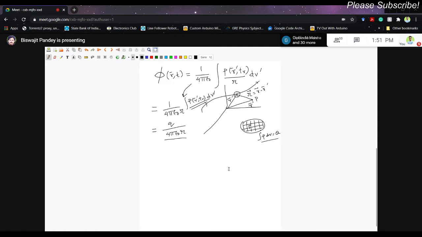That is true only if all the charge densities coming from different parts or volume elements are from the same instant of time. But if they are from different instants of time, we have to integrate at a fixed time, and only then can you expect this to be true, otherwise not.